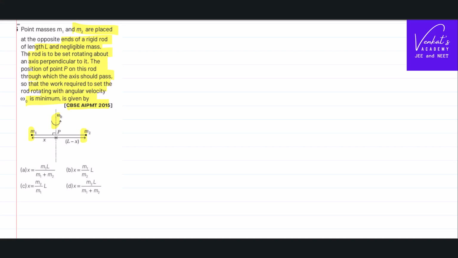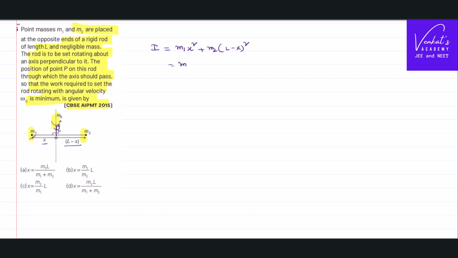The angular velocity is fixed. What's the moment of inertia of that system? I can calculate I of the system; this is the axis of rotation. So M1's distance from the axis of rotation is x, giving M1 x square. M2's distance from the axis of rotation is L minus x, whole square.